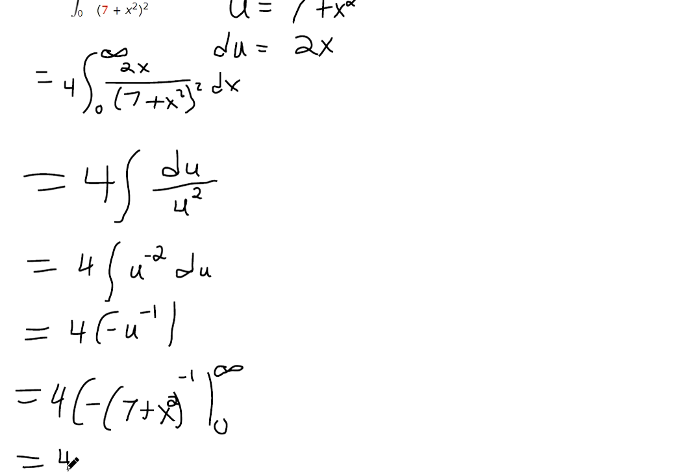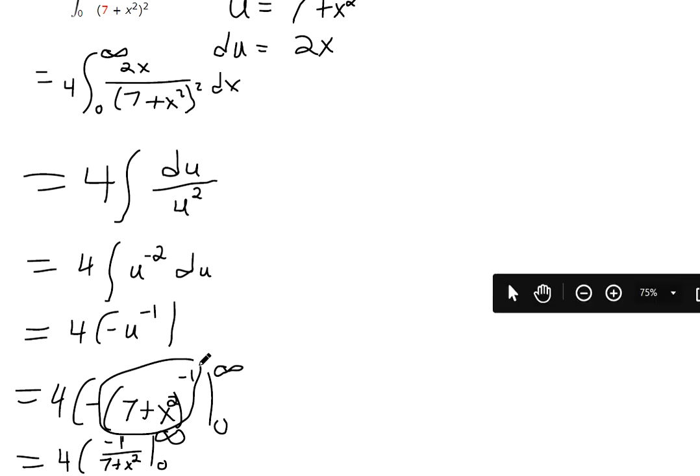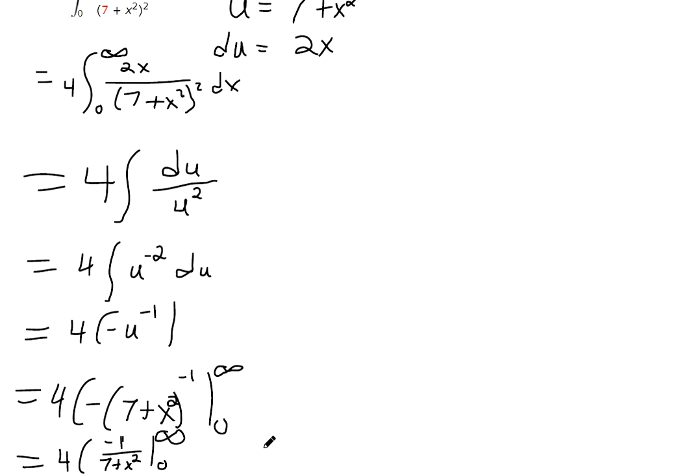It'll probably be easier before we evaluate to put that in fraction form. Same thing. Haven't evaluated the limits of integration yet. I rewrote this to the negative first power, so that means you can put everything that's being raised to the negative first power in the bottom of a fraction.